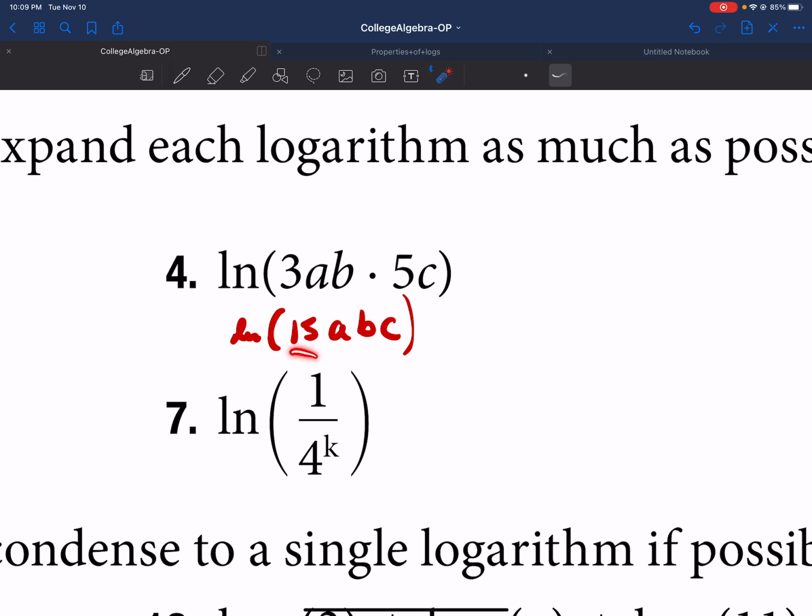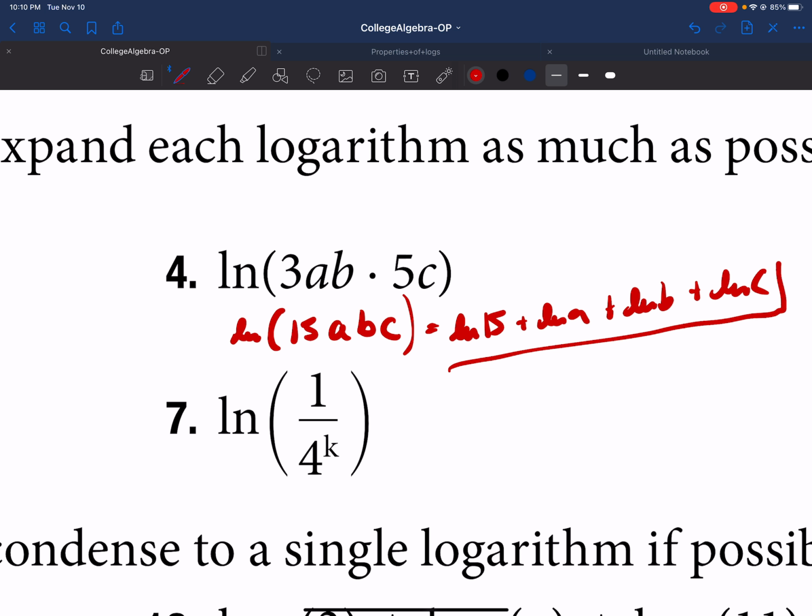Now I have 1, 2, 3, 4 things multiplied. And so if I expanded it out, I could say that's ln 15 plus ln a plus ln b plus ln c. And that right there is expanded as much as I possibly can get it.